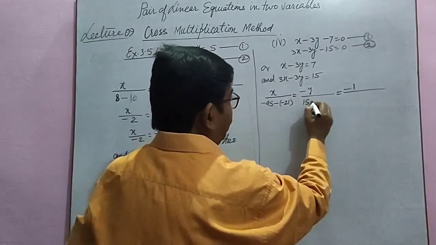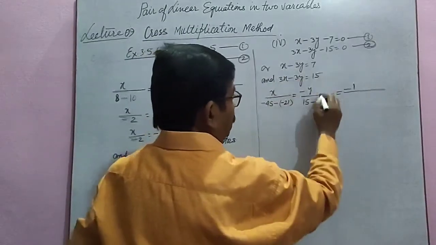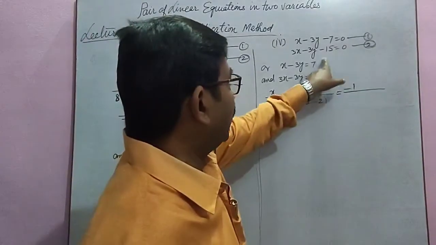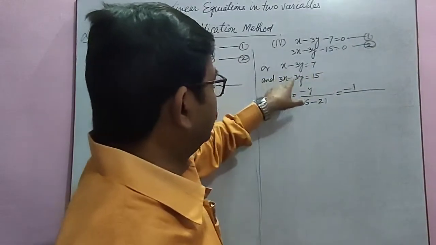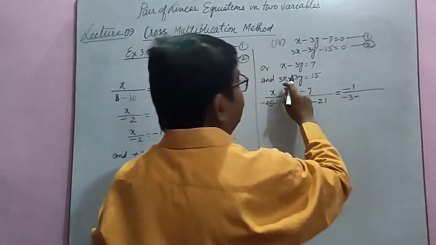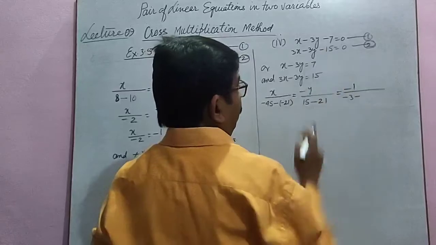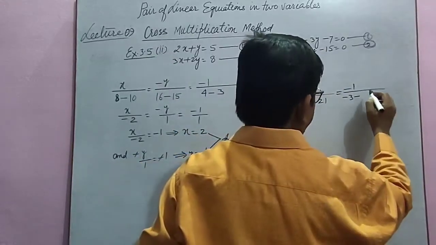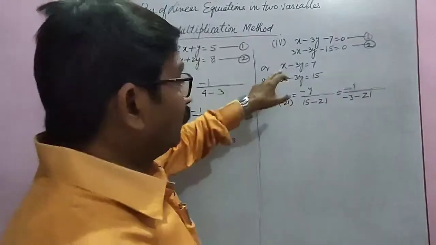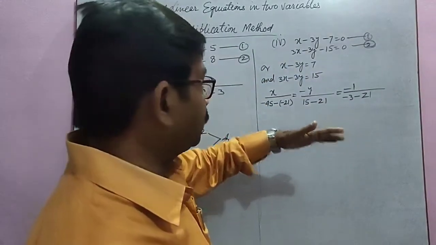This is 15 minus 3 into 7, 21. For minus 1, hide this constant term, x into minus 3, minus here 3 into 7. 3 into 7 is 21. Recheck. Maybe some mistake in cross multiplication.